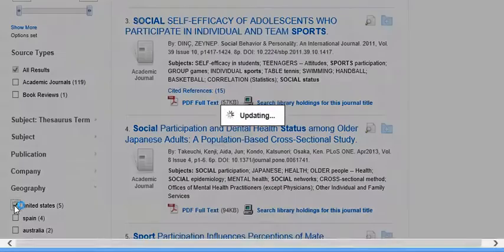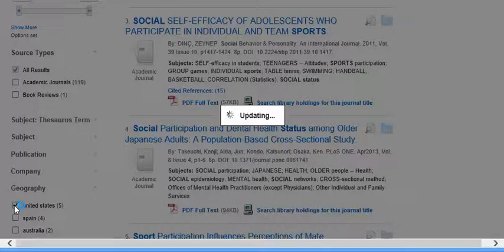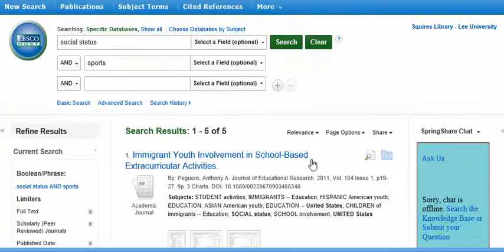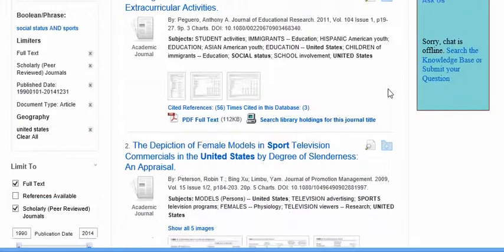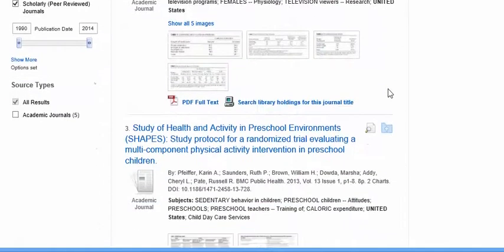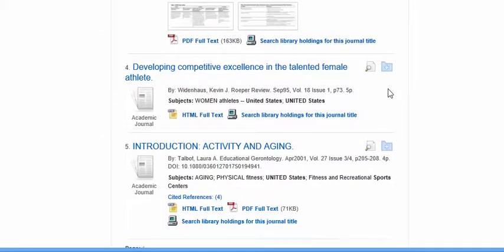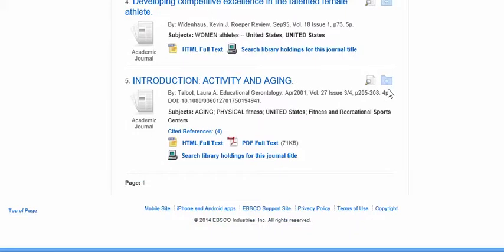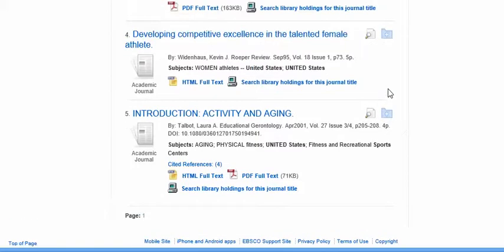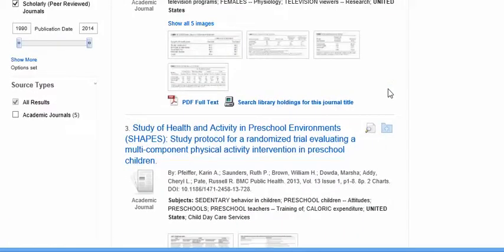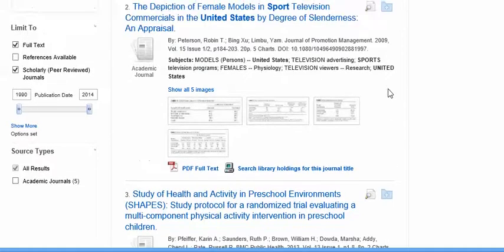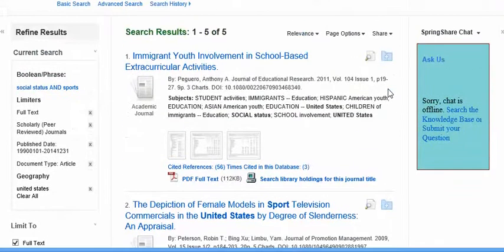I just want ones from the United States because I want to evaluate students who are in the United States. All right, females, preschool, oh, female athlete. Okay, that's not helpful. But what I did was I finally chanced upon one particular article.